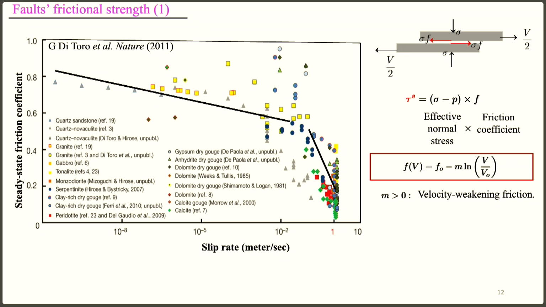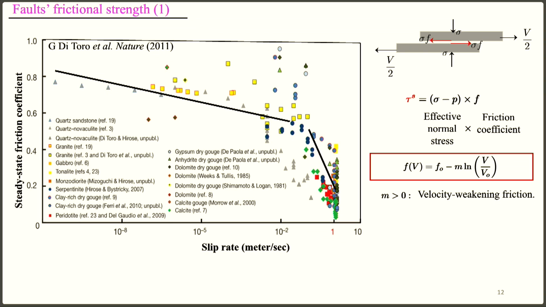Let's move to experiments a little bit. In lab experiments on just sliding blocks, on a range of rock samples in all labs performing these experiments, it has been seen that the frictional strength between the rock samples is sliding rate dependent. For any sample, for example, there is a decay in the strength for many samples. So this is like a weakening with respect to sliding rate.